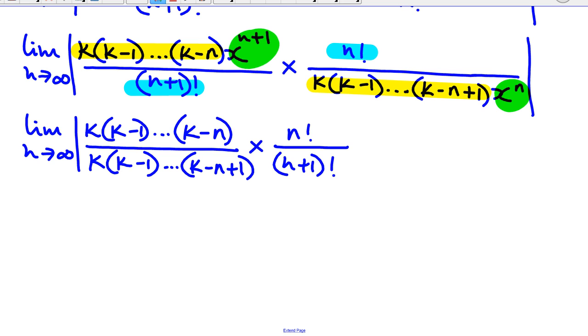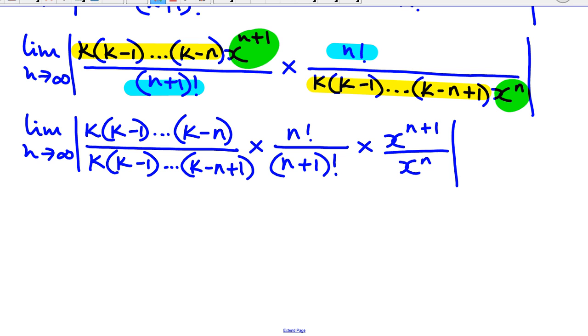Now, n plus 1 factorial I can actually simplify, but let me just write it because I don't want to start mixing steps here. And then multiplied by x to the power n plus 1 over x to the power n, one step at a time.